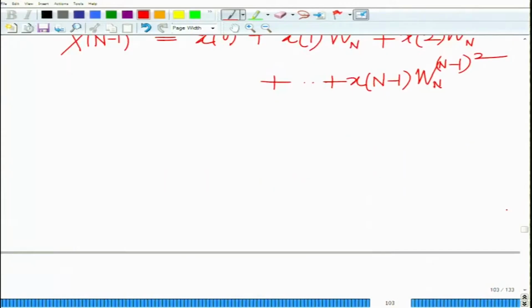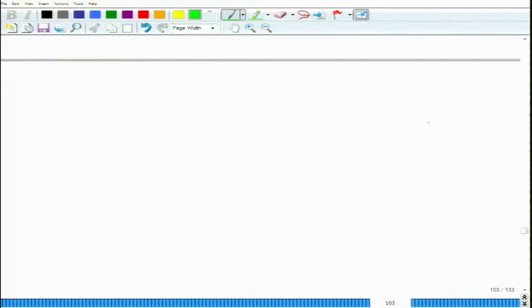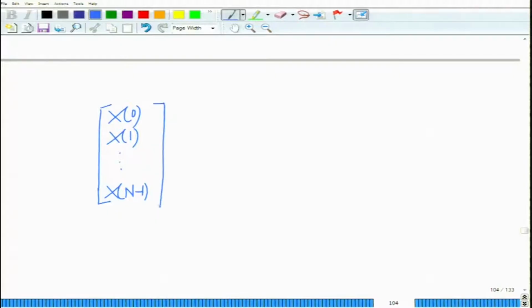Okay. And you put all these things together as a matrix. So, you write in matrix form, and what you are going to have is on the left this n dimensional vector of DFT coefficients X0, X1 up to Xn minus 1, these are the capital X's, okay.